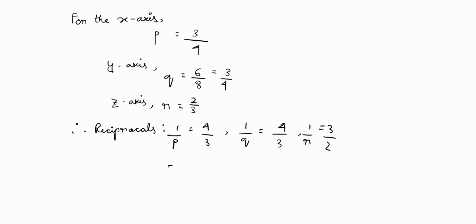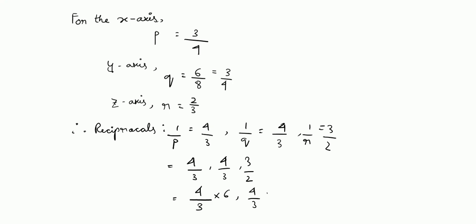So we have the reciprocals equal to the fractional triplet 4 by 3, 4 by 3, 3 by 2. Now to get clear fractions, we will multiply each of them with the LCM. And the LCM of 3 and 2 is 6.